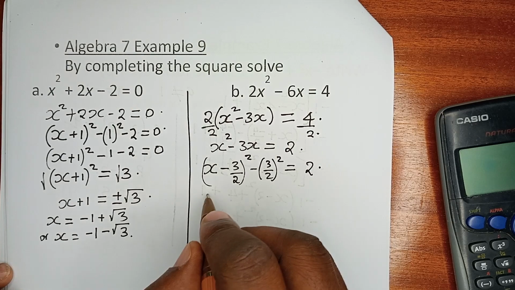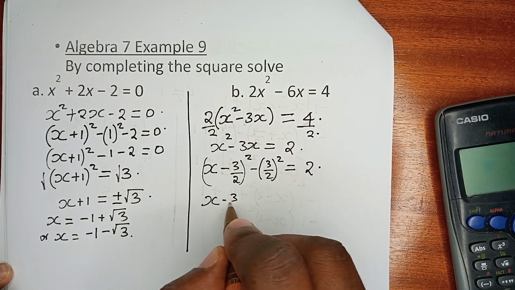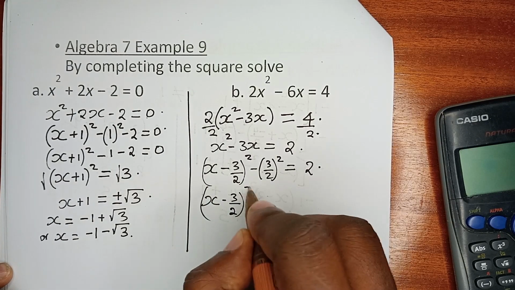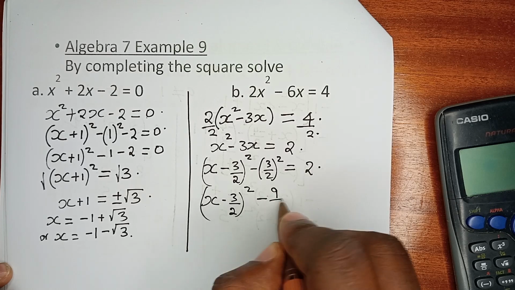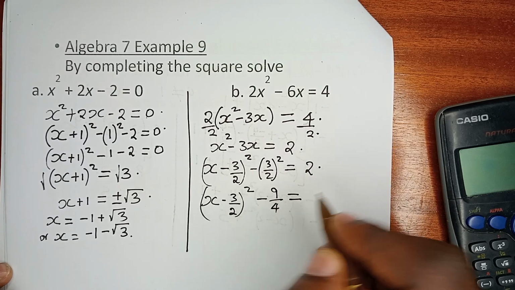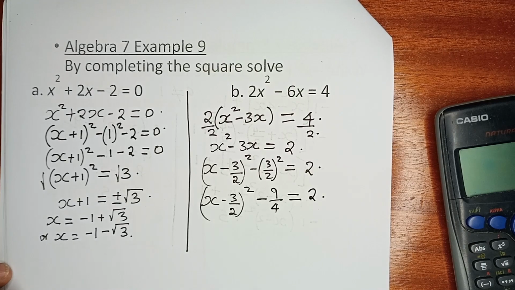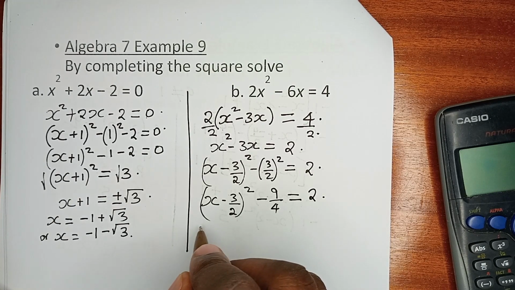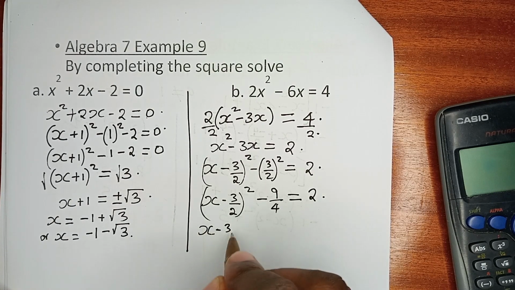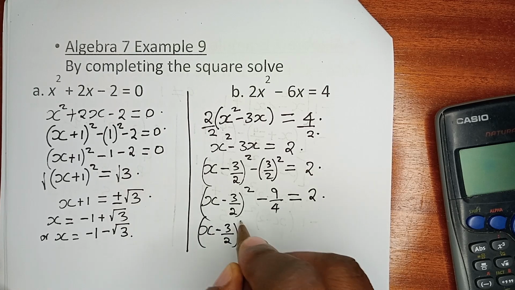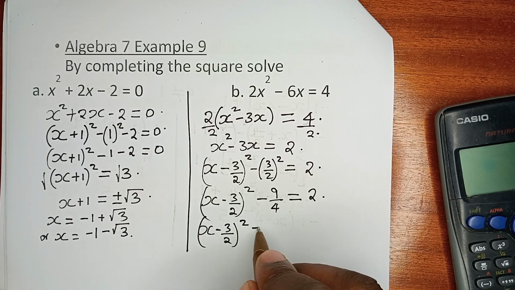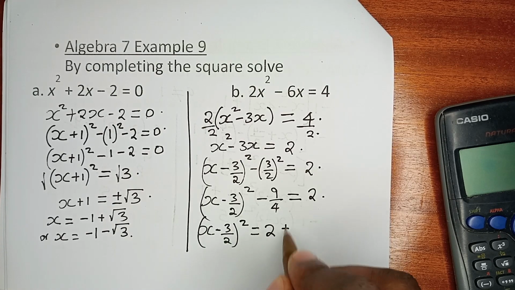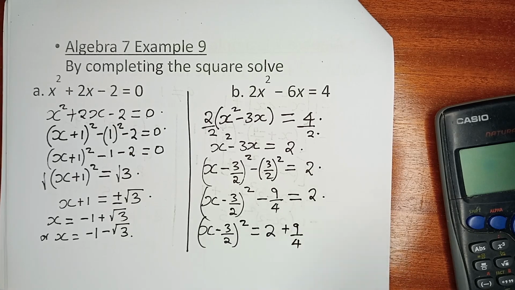We continue to have (x minus 3 over 2) squared minus 9 over 4 equals 2. Now (x minus 3 over 2) squared equals 2 plus 9 over 4.